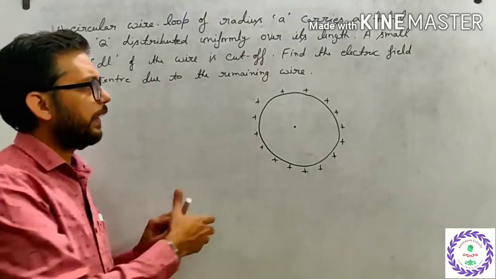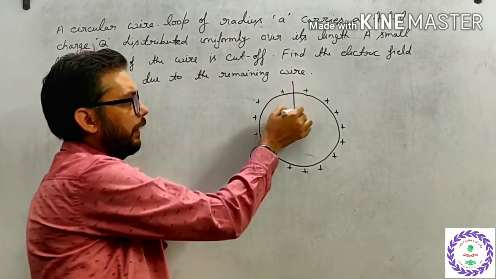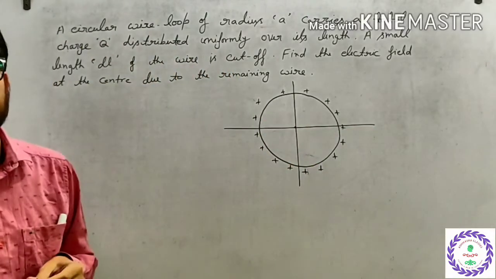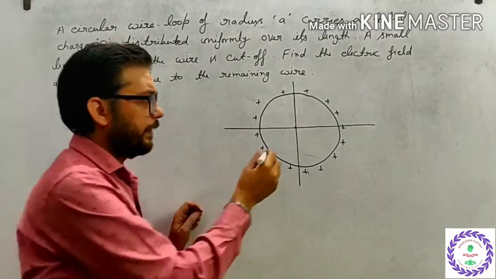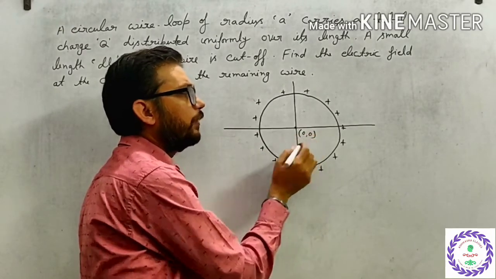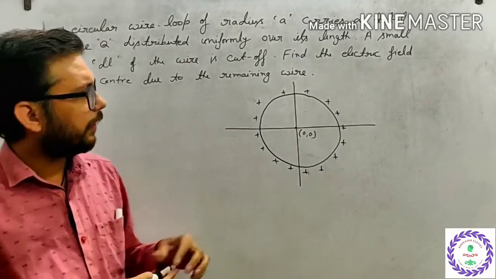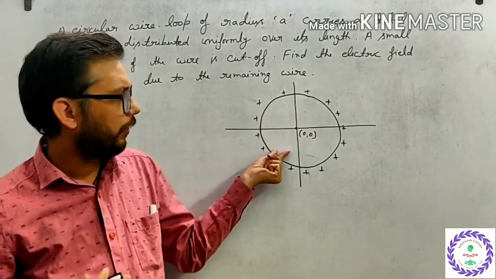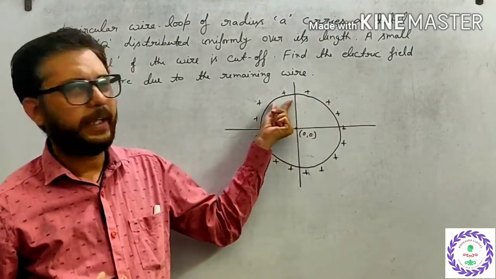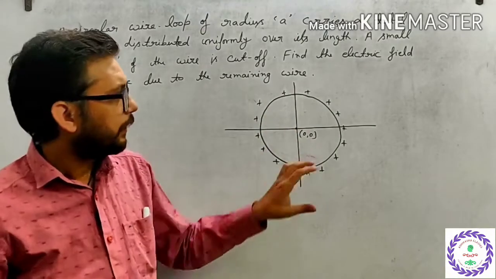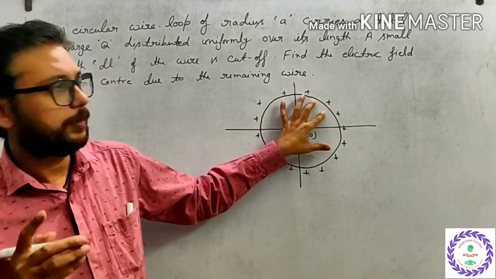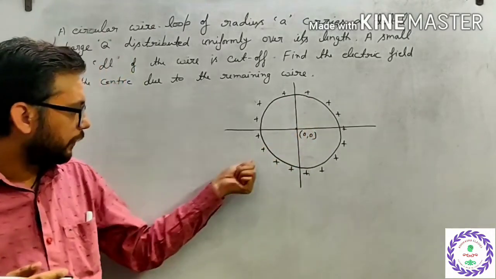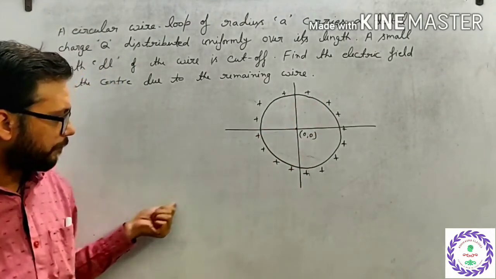How? Because if we divide this circular loop in a quadrant system, we can say the center will become 0, 0. Then if we cut some element here or here or here, at any part, let's suppose in the first quadrant, then the electric field will be in this direction.